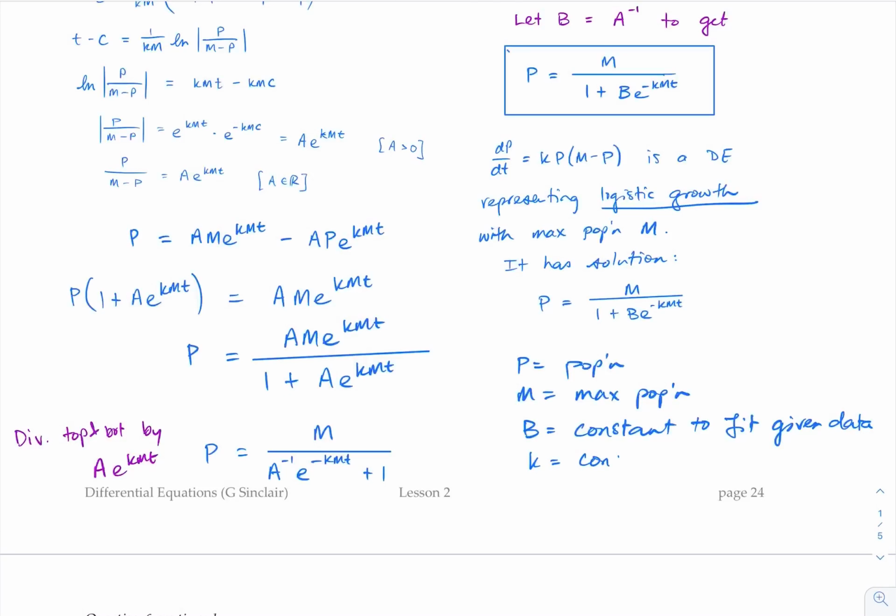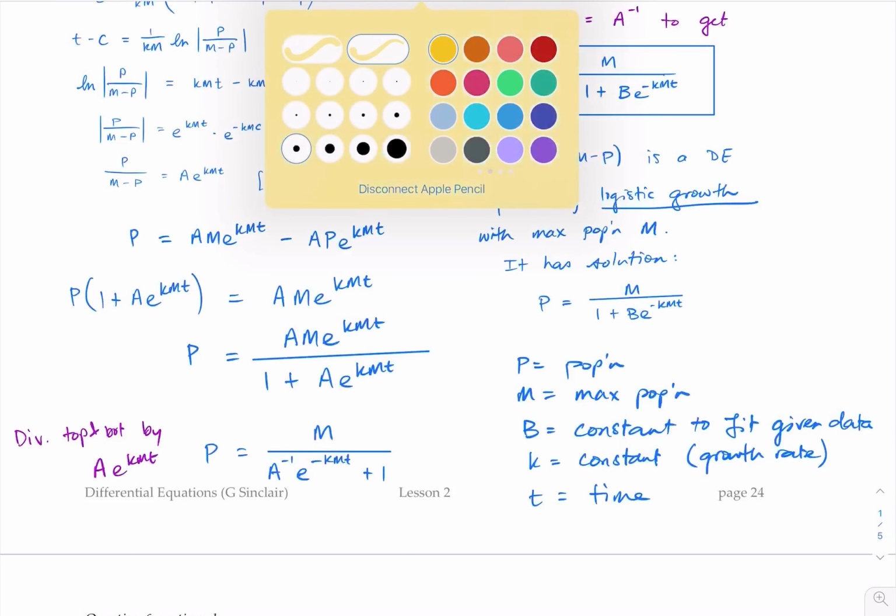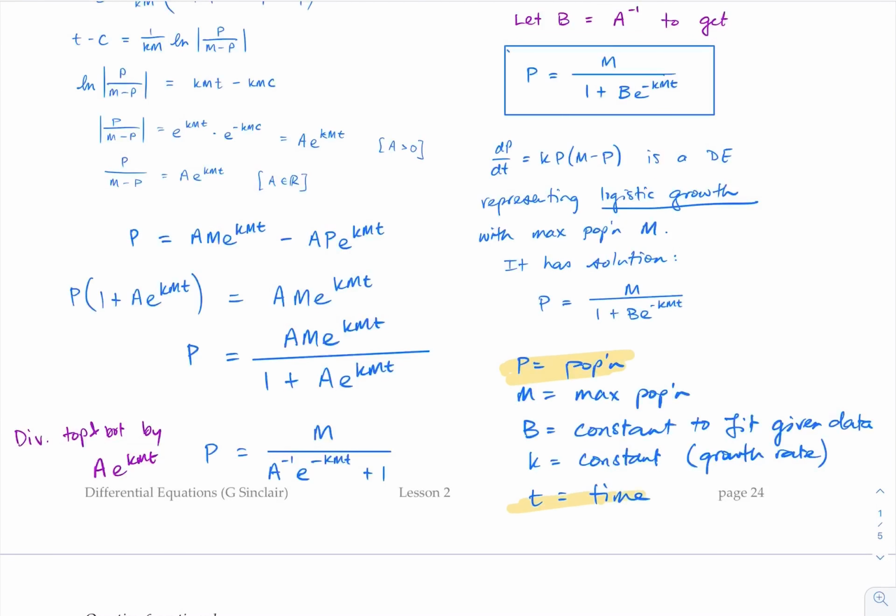K equals constant, which is like a growth rate, and t is time. Okay, so those are the variables. So we have the population over time, and the rest of them are constants. So for our particular question, m equals 20,000, and we're going to need to work out what b and k are. Right? So we'll get on with that.